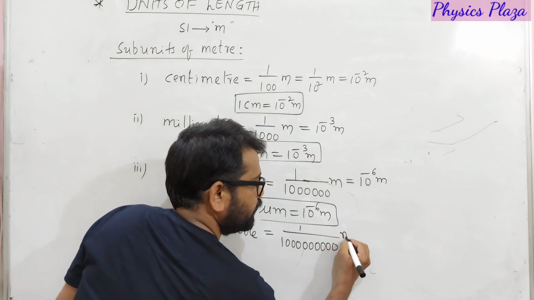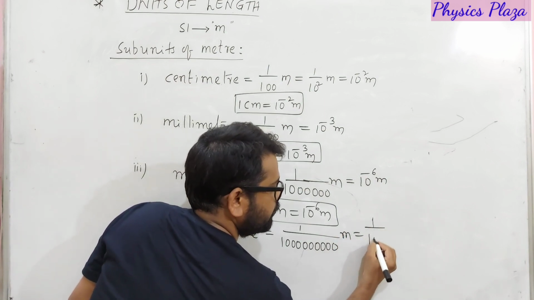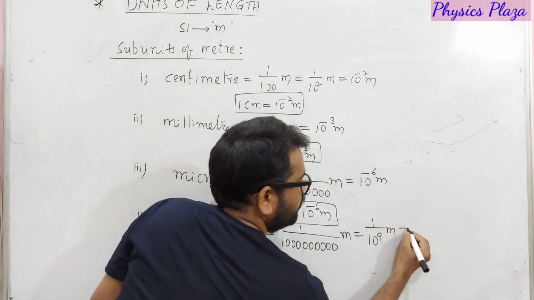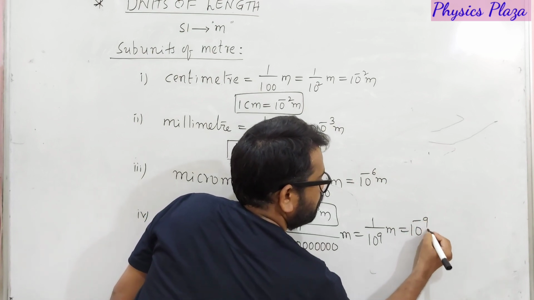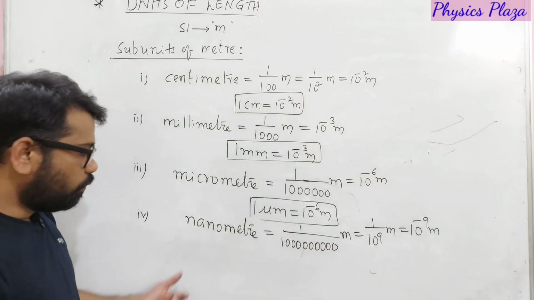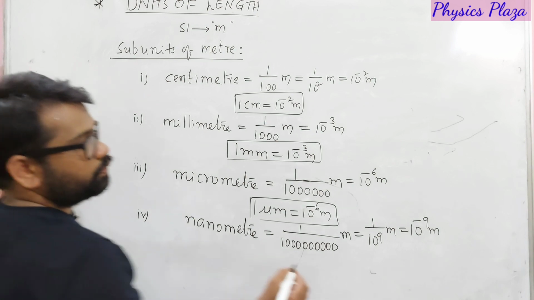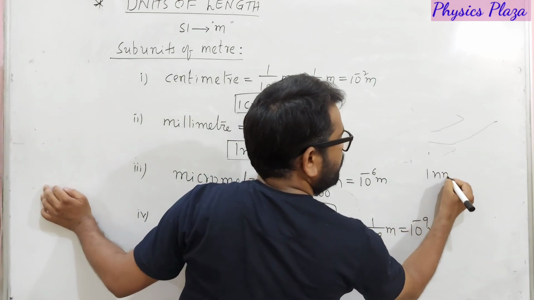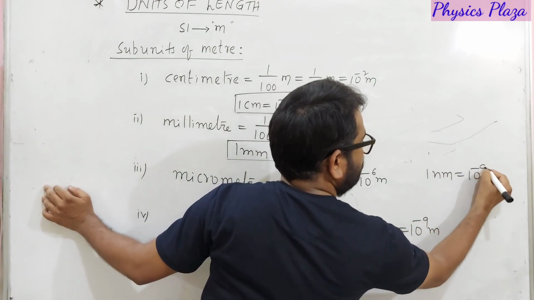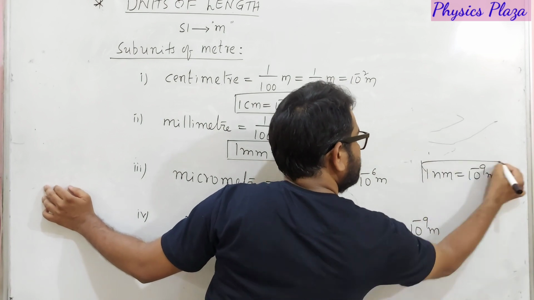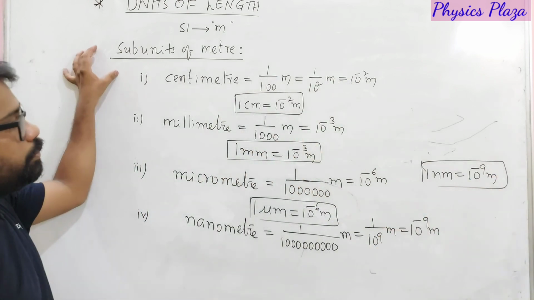So this can be written as 1/10 power 9 meter, and it is also written as 10 power minus 9 meter. So 1 nanometer is equal to 10 to the power of minus 9 meters. Children, these are the subunits of meter.